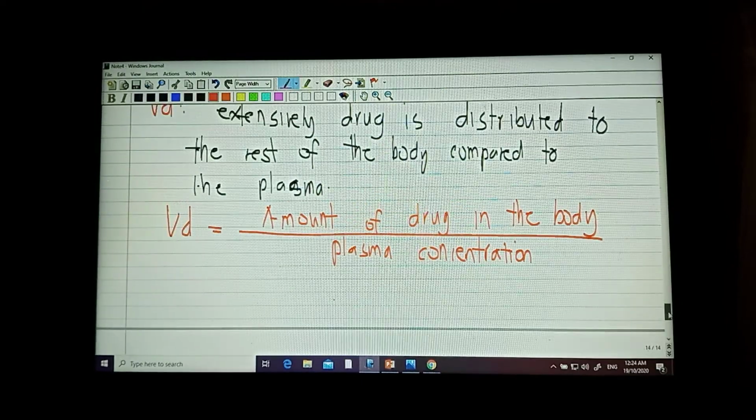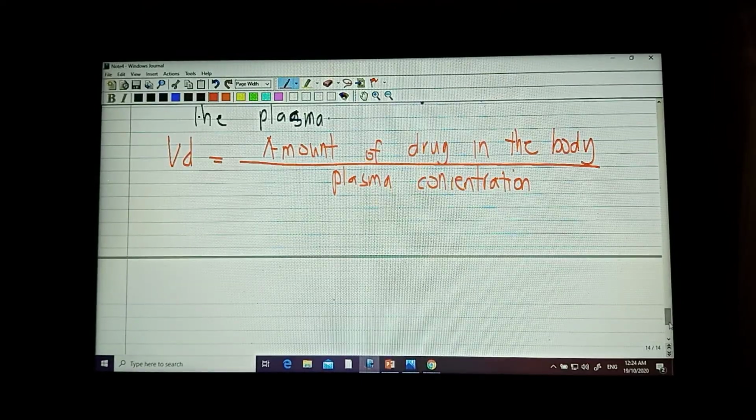Amount of drug in the body divided by your plasma concentration, or simply, para mas madali, gawa tayo ng tinatawag nating abbreviation, VD equals A divided by your plasma concentration. O, ginawa ko lang na equation niya para mas madali mo matandaan. Volume distribution is equal to amount of drug in the body divided by your plasma concentration.